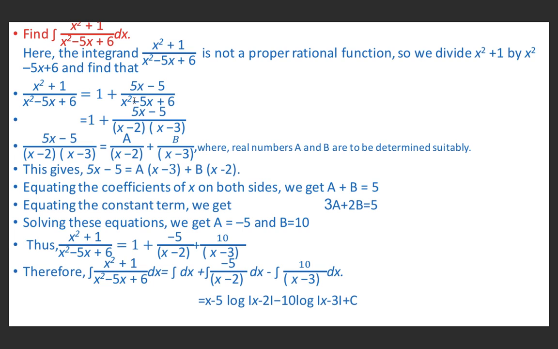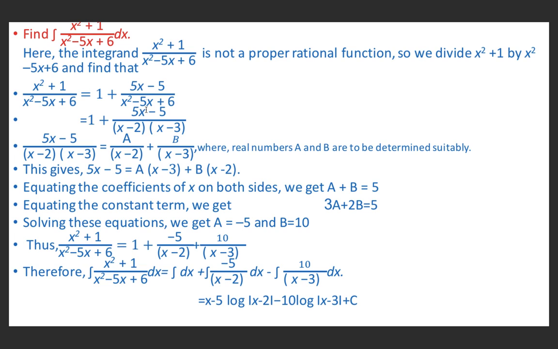So we can write the given rational function, which is not a proper rational function, as 1 + (5x - 5)/((x - 2)(x - 3)). Now this is a proper rational function.